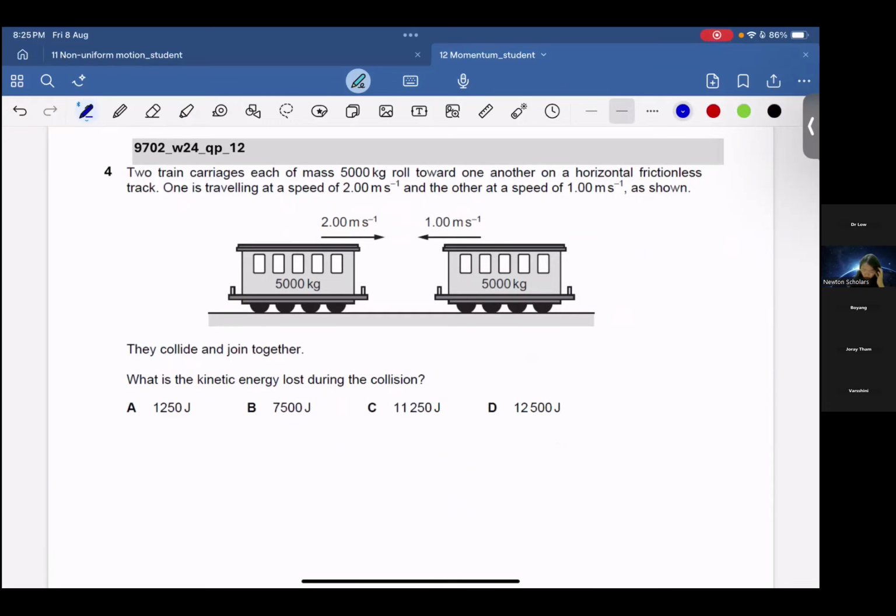One is traveling at 2 meters per second, this is the speed. Then the other is in the opposite direction, so boys and girls, put a negative because of the opposite direction. Velocity has to consider positive or negative, depending on direction. After that, they join together, so the two objects will join.